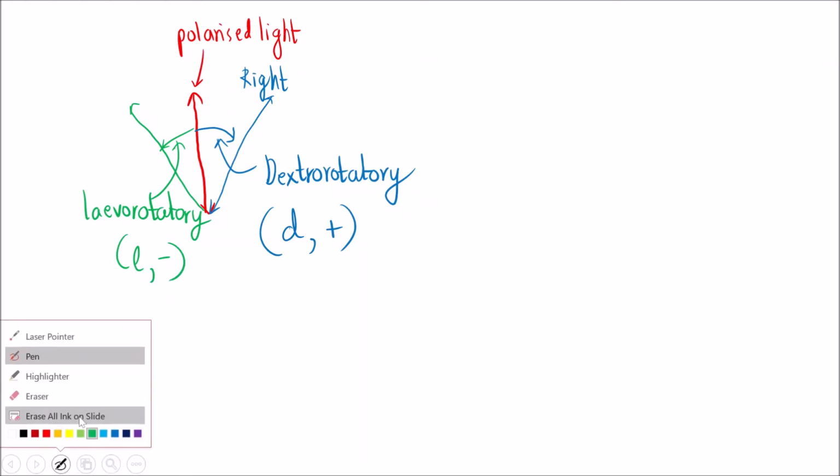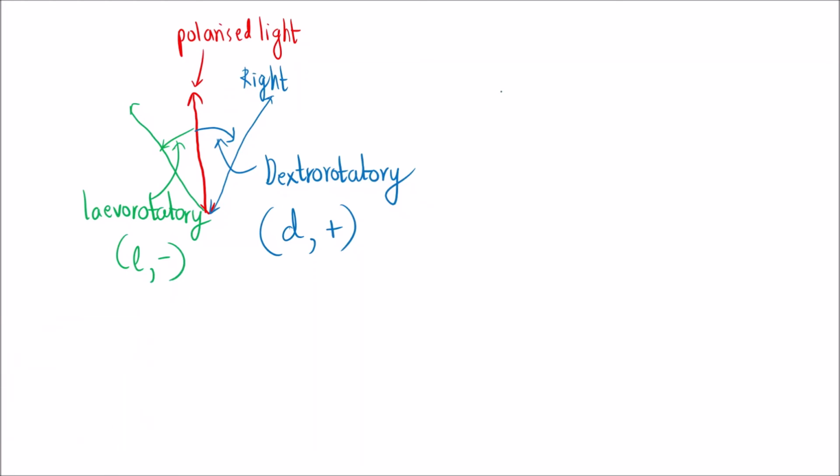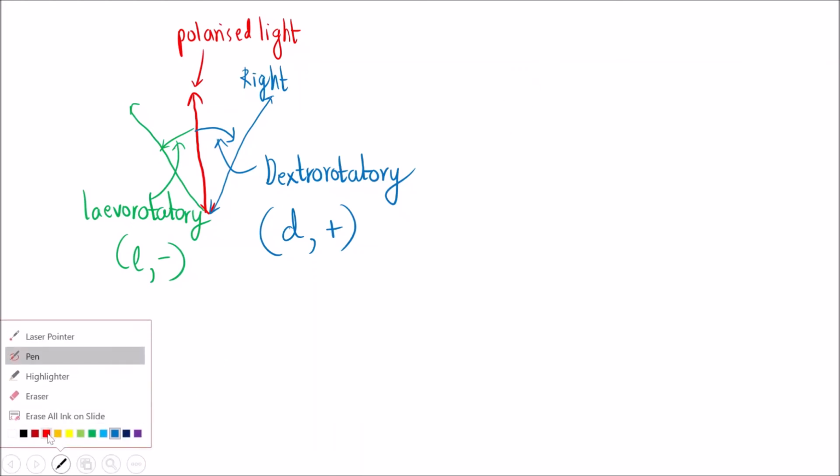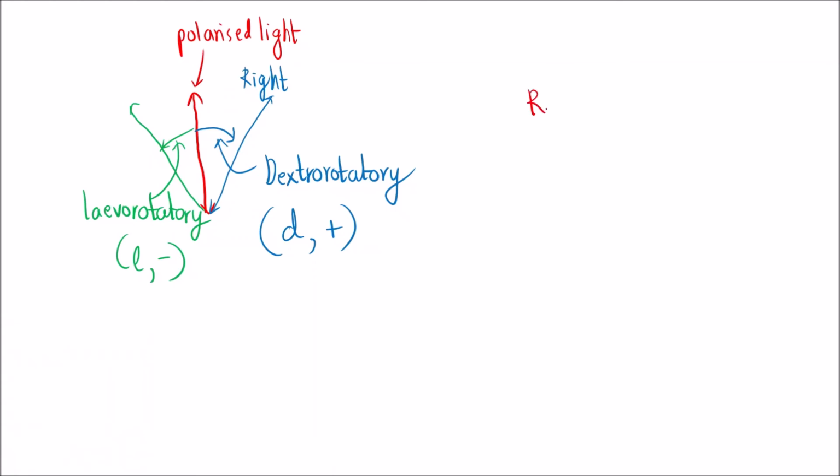So now the question is, what will happen if the two enantiomers, let's say R and S, are both present in 50%, that is R is 50% and S enantiomer is also 50%. When the enantiomers are in equal proportion, then a mixture is formed that is called a racemic mixture.